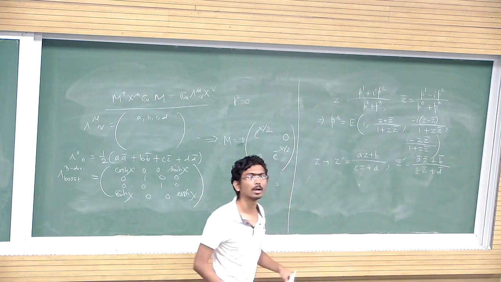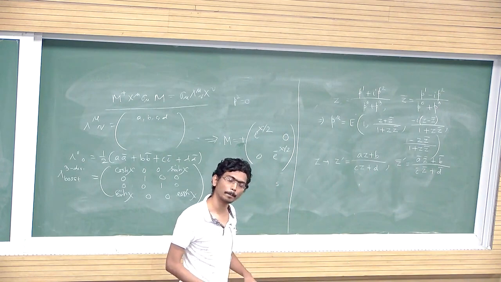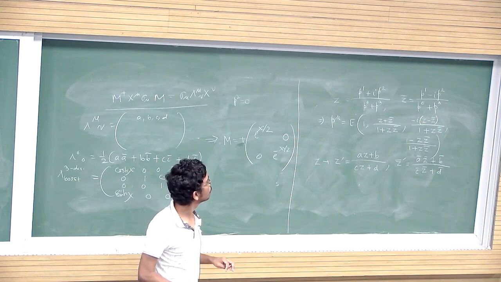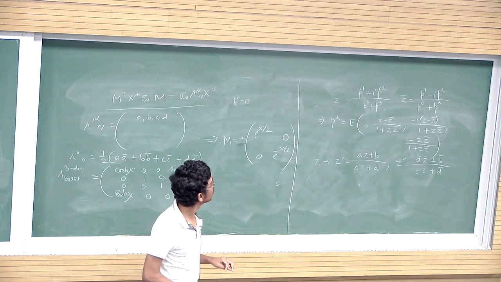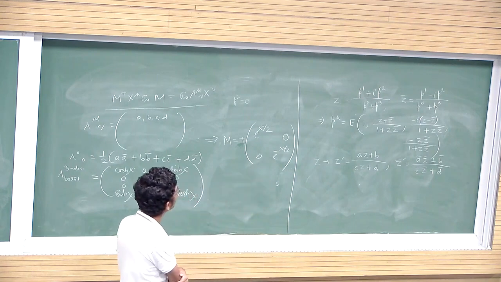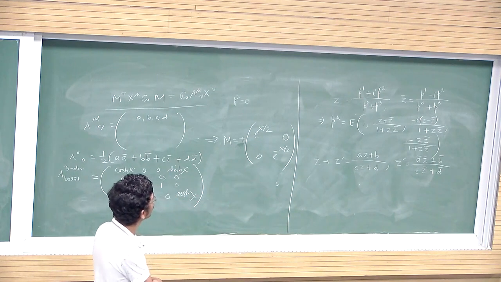So z and z bar are 0. The way you have written it, you seem to get only E times (1, 0, 0, 1). You don't seem to get (1, 0, 0, minus 1). Suppose the north and south pole will come, and you have to go to different coordinates to get the other pole, (1, 0, 0, minus 1).